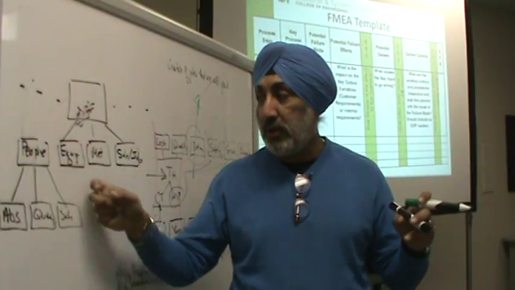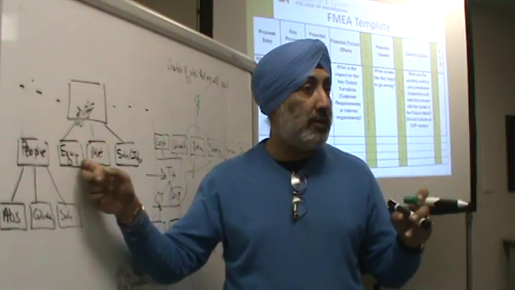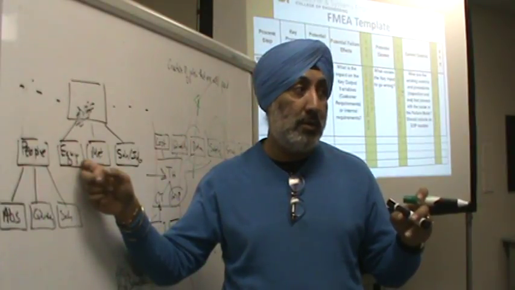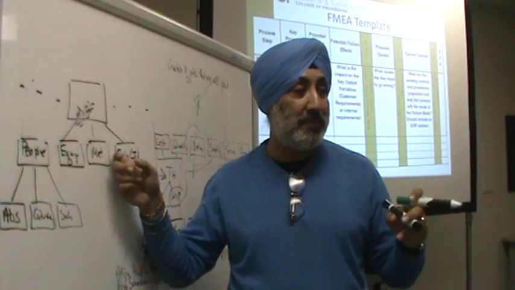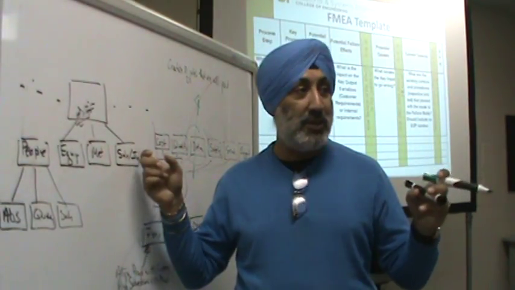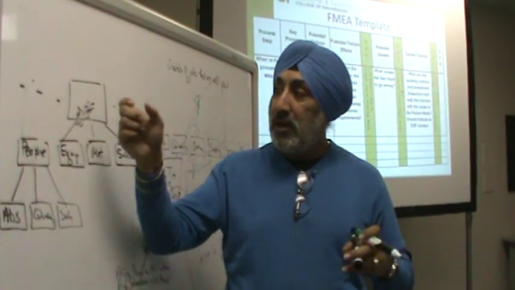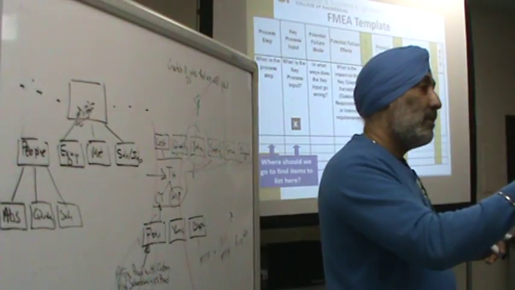I put 0.72 here, 0.72 here, 0.72 here, 0.72 here. 0.7 times 0.7 is what? 0.49. Times 0.7 is what? Whatever that number is. Times 0.7 is what number? Some low number.